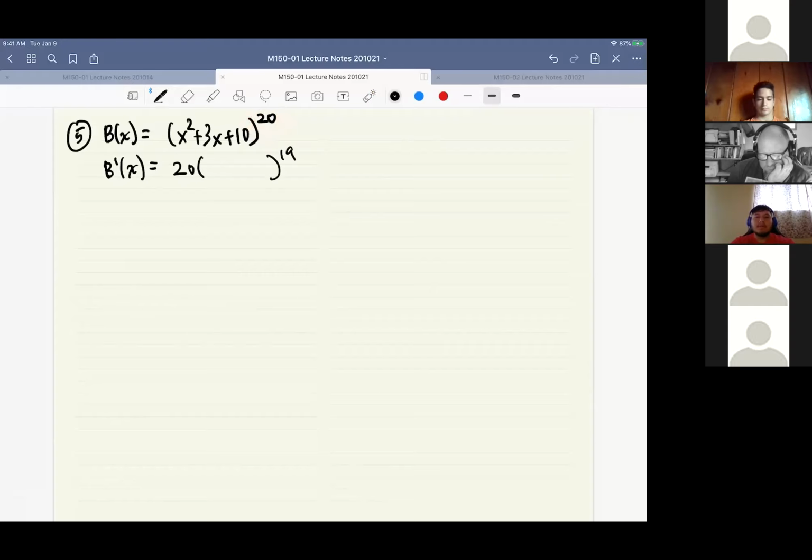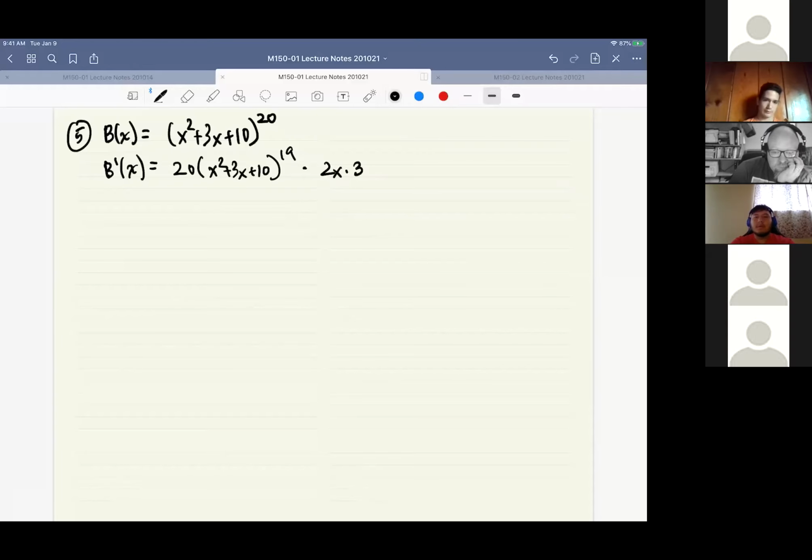And we rewrite the whole expression in the middle, the x squared plus 3x plus 10. And then we multiply it by the derivative of the inside, which from x squared, we get 2x. And then from the 3x, we get just 3.